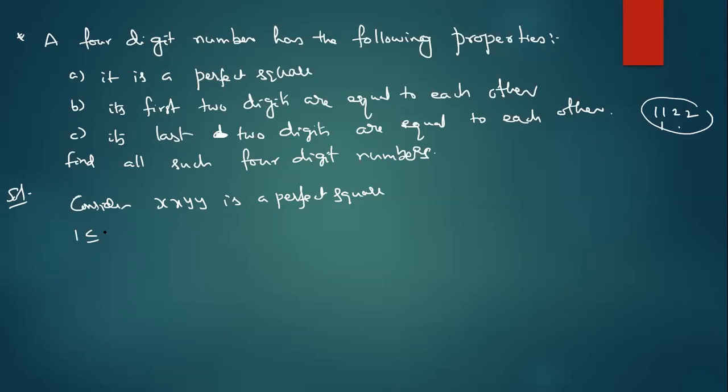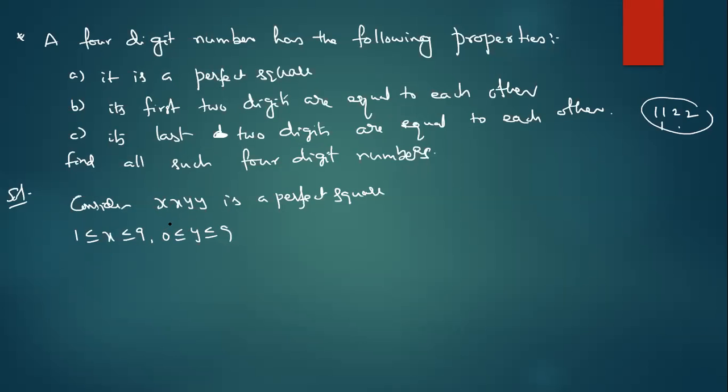Minimum 1. I can take 2, 3, up to what? 9. What about y? Zero is also possible. But for x, 0 is not possible.